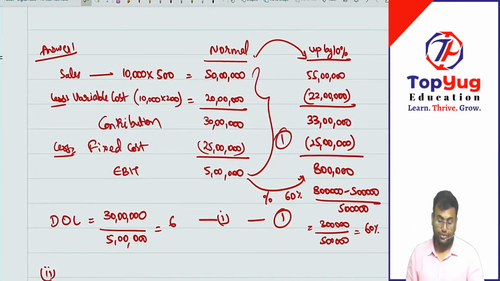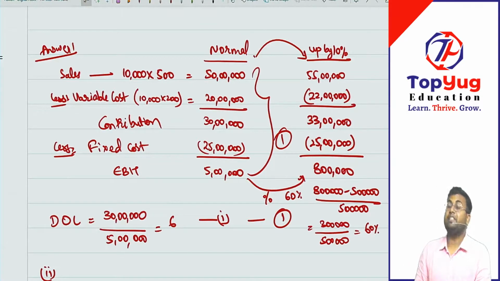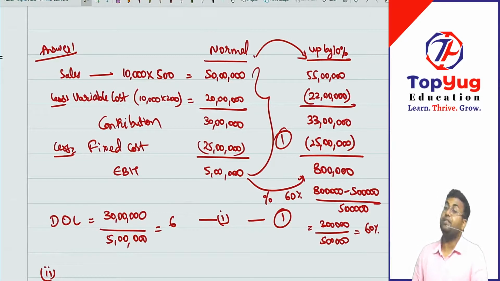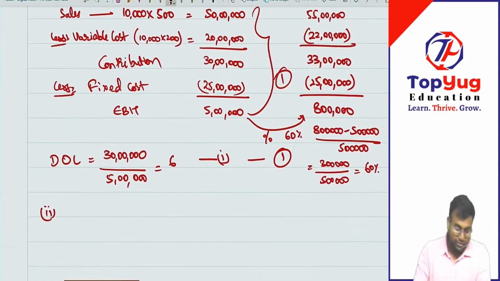Are we all good? Sure. So change is 60%. Now I can use the first formula also. Let me just solve it by the second formula. What is the second formula of DOL? Percentage change in EBIT by percentage change in sales or contribution, because their percentage will remain the same. Here also you see 30 lakhs to 33 lakhs, so 10% only. So what should I do here?